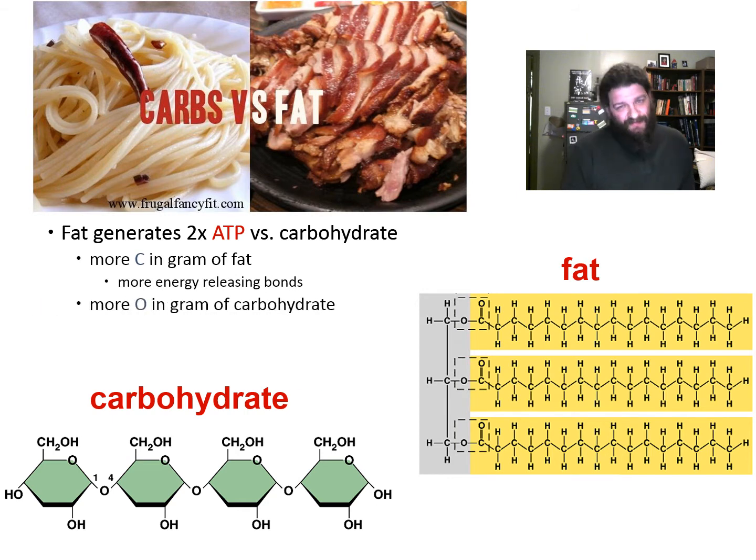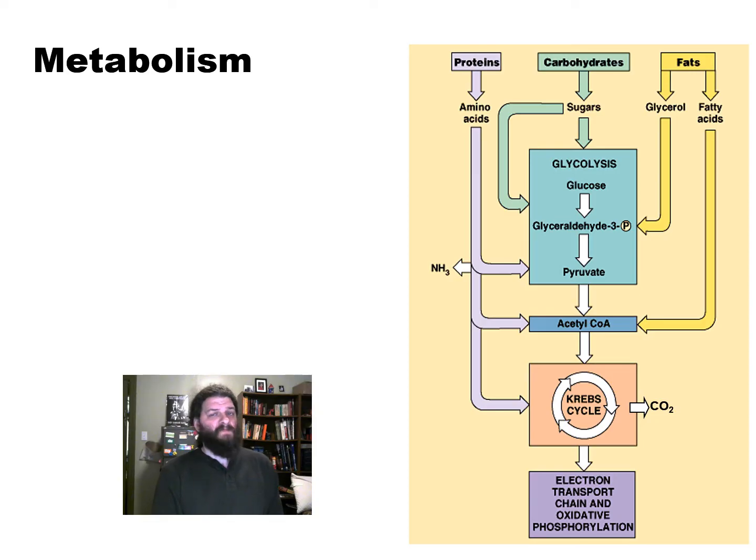Because there are more oxygen atoms in carbohydrates, the carbon is already pretty oxidized. And so that makes a carbohydrate kind of pre-oxidized, and there isn't as much energy remaining to be released as we oxidize it.